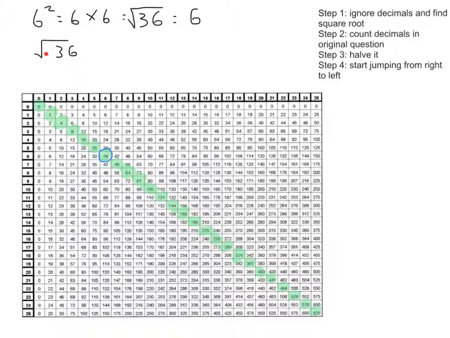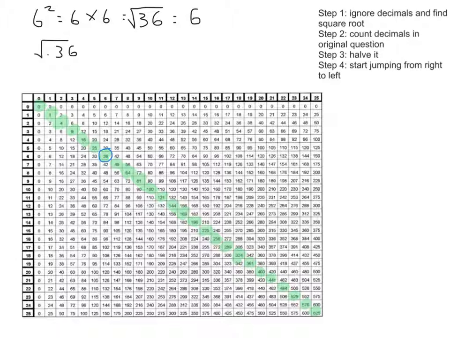So we disregard this decimal point. We look for the number 36 in our multiplication table, making sure that that number was multiplied by itself. So for example, over here we can see that there's a number 36, but this was 3 multiplied by 12 that gives us 36. So you can see that 3 and 12 are different numbers, right? So that's not what we want.